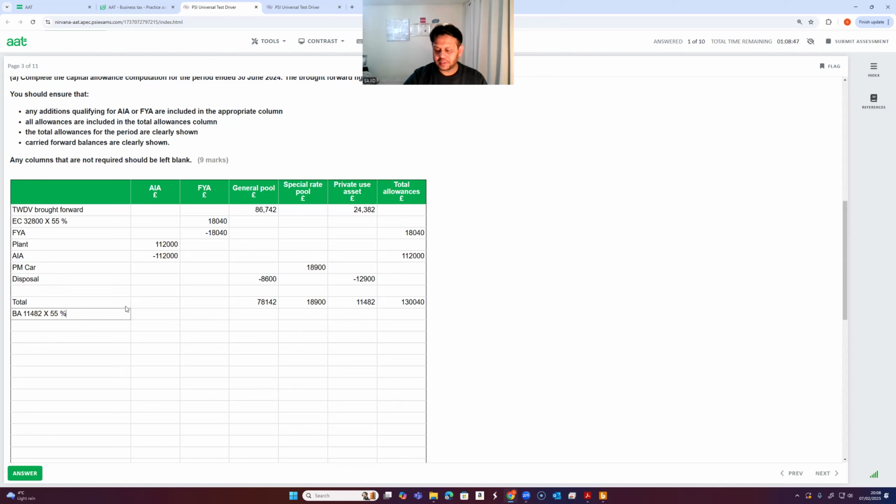So 11,482 multiply 55%, and that gives me 6,315. So this asset needs to go because we sold it. This asset is not anymore with me, and the allowance will be 6,315.1. So just round it down, 6,315.